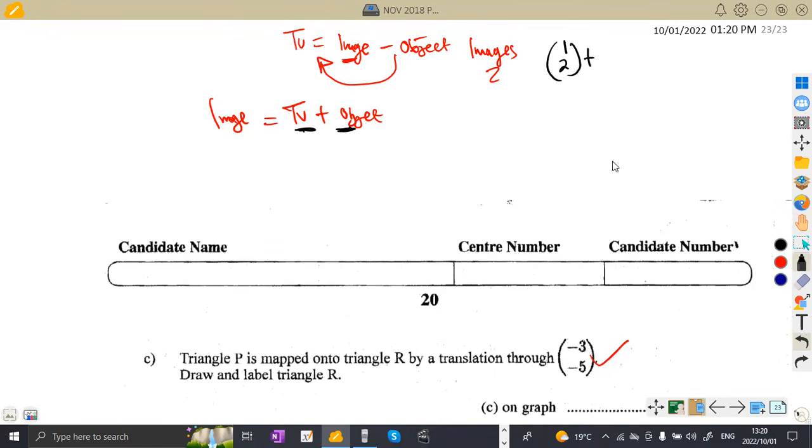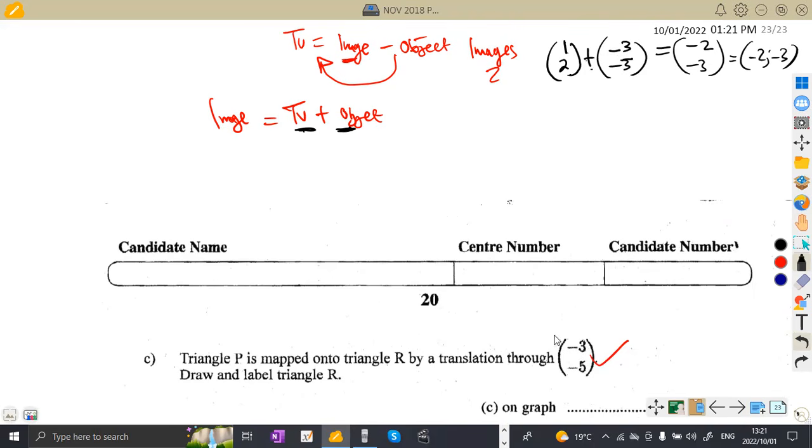The vector is (-3, -5). So you add: 1 plus -3, that's -2. 2 plus -5, that's -3. So our first image is (-2, -3).